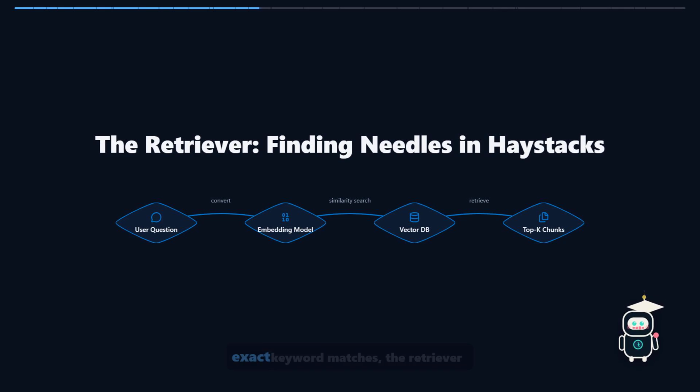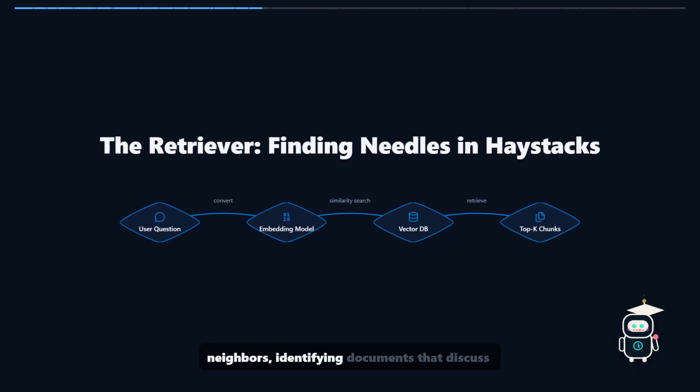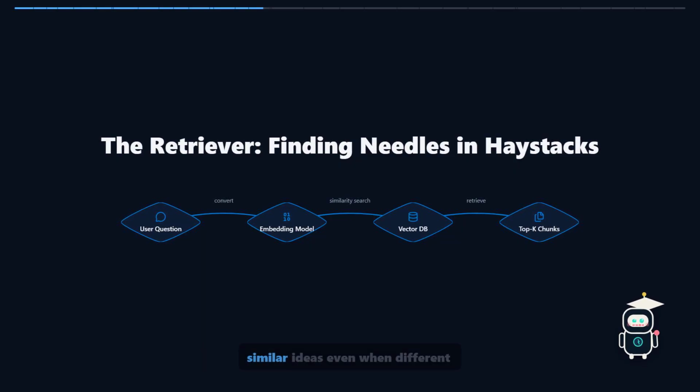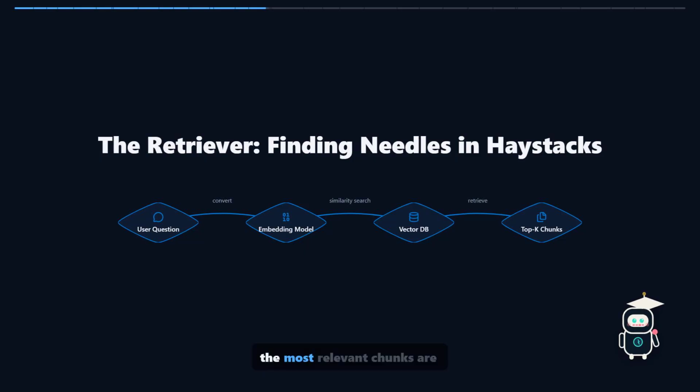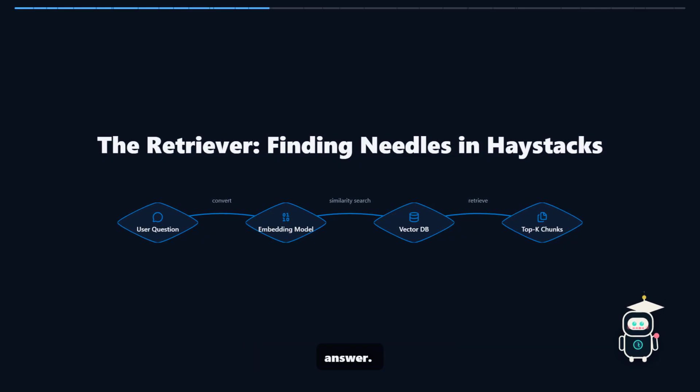Instead of looking for exact keyword matches, the retriever searches for the nearest semantic neighbors, identifying documents that discuss similar ideas even when different words are used. Within milliseconds, the most relevant chunks are returned and prepared for the language model. The better your retrieval, the better your final answer.